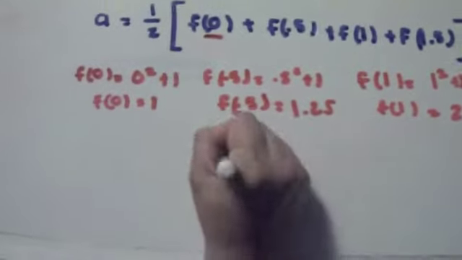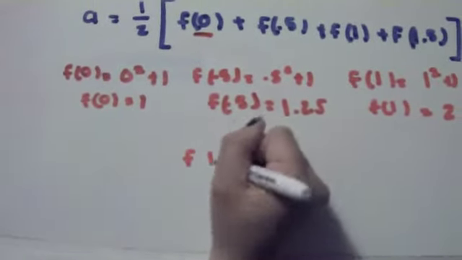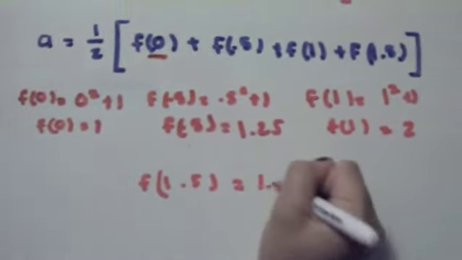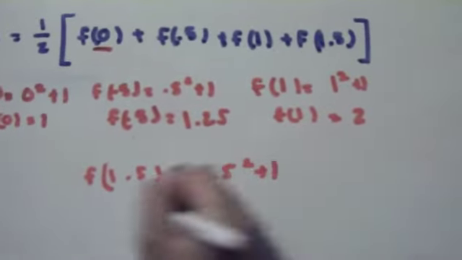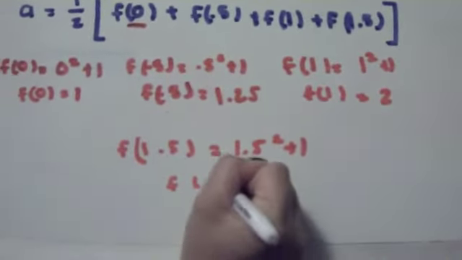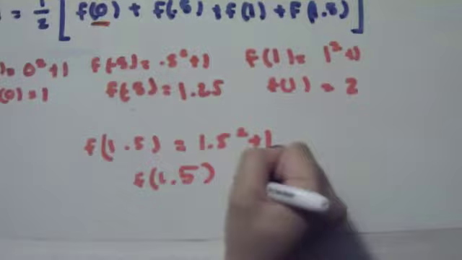And finally, f of 1.5 is equal to 1.5 squared plus 1, which is equal to 3.25.